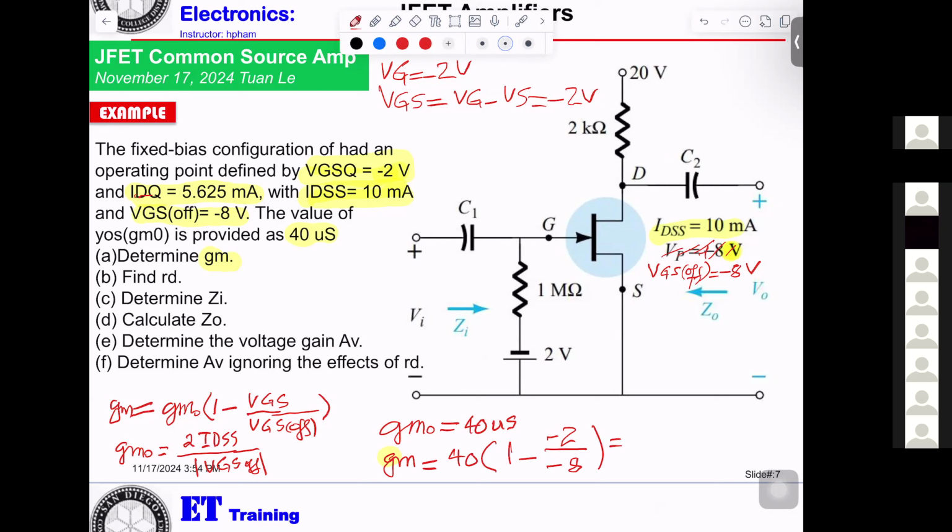So see what we get. What value do you get? Yes, that's it.